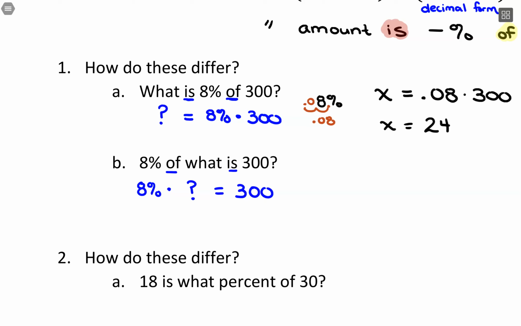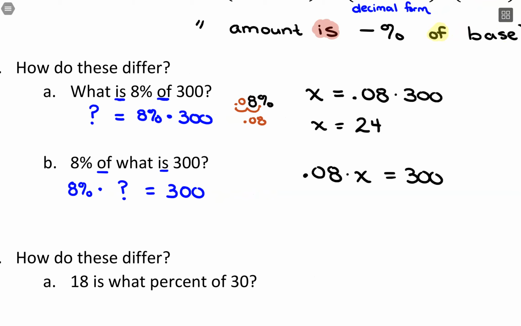So the setup of this one, I'm going to have my 8%, but I'm going to put that in decimal form, times, and then our unknown, which I'm just going to call x, equals 300. And then I want to solve for x, which means I want to divide both sides by 0.08.